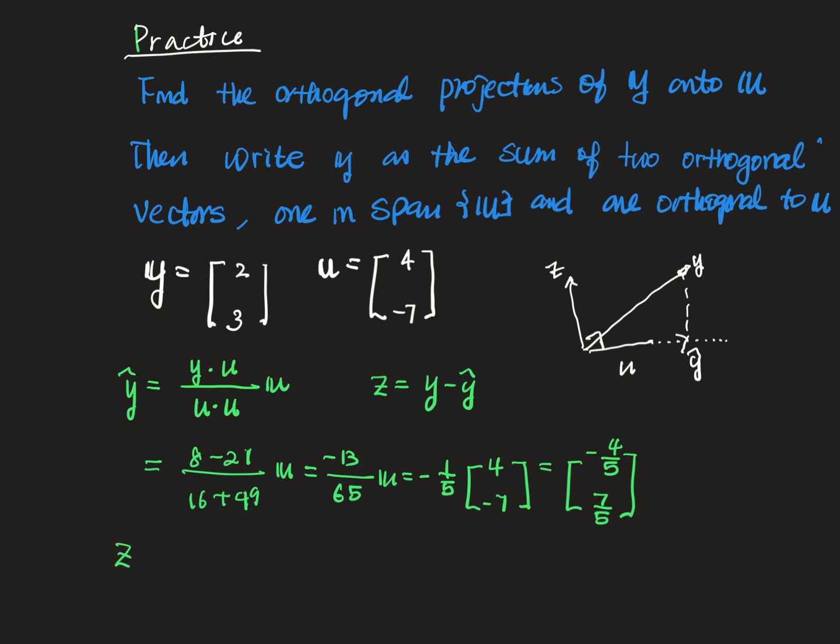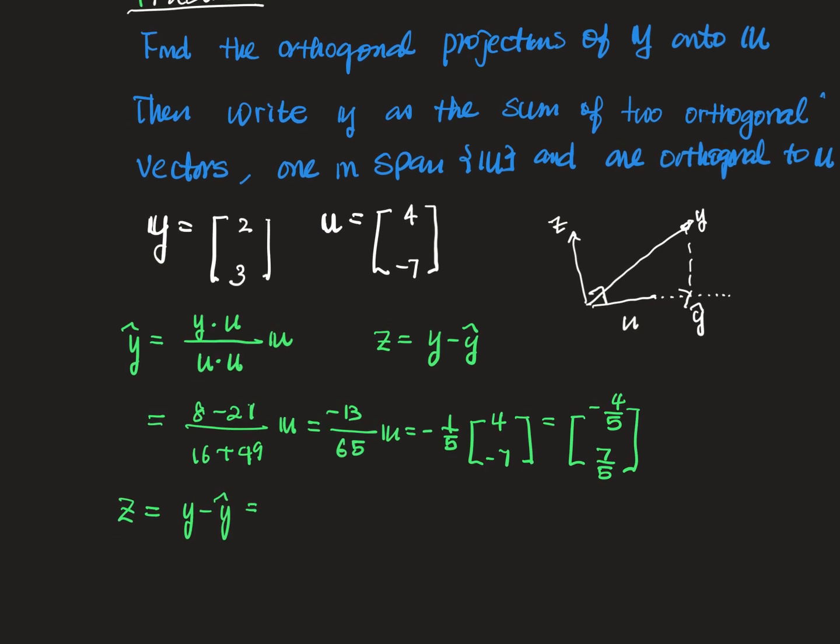How about the z vector? The z vector is orthogonal to the projection vector. That's going to be y minus y hat. You find y is 2, 3 and y hat is negative 4 over 5, 7 over 5. So you have 2 minus negative 4 over 5, and here it is 3 minus 7 over 5. So this one is 14 over 5, and this one is negative 8 over 5.